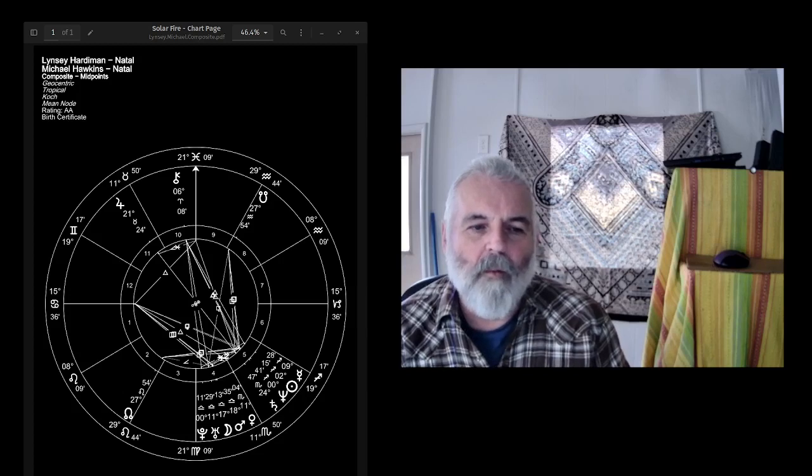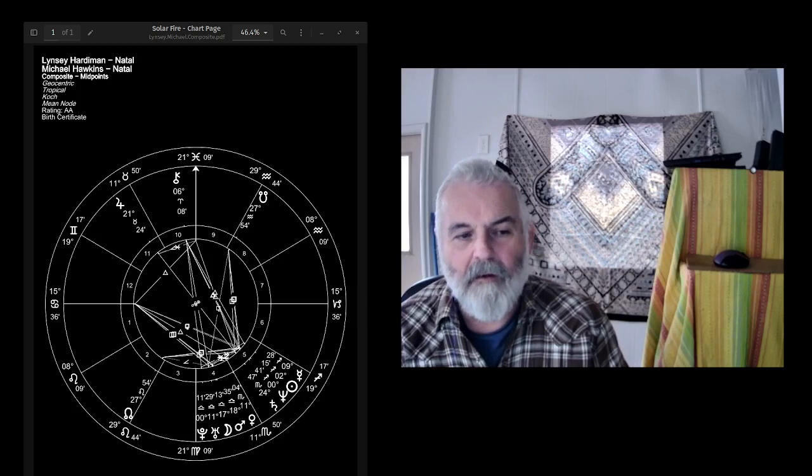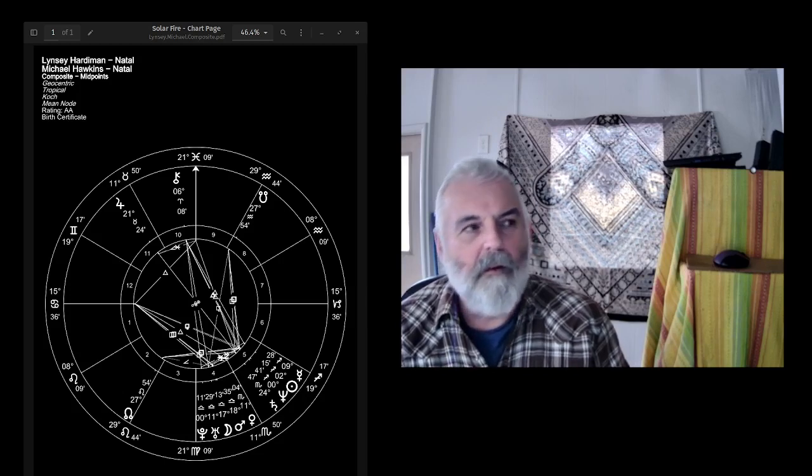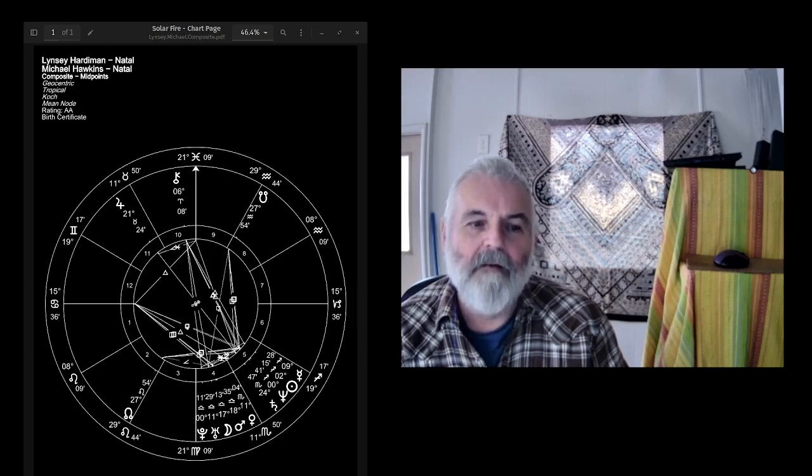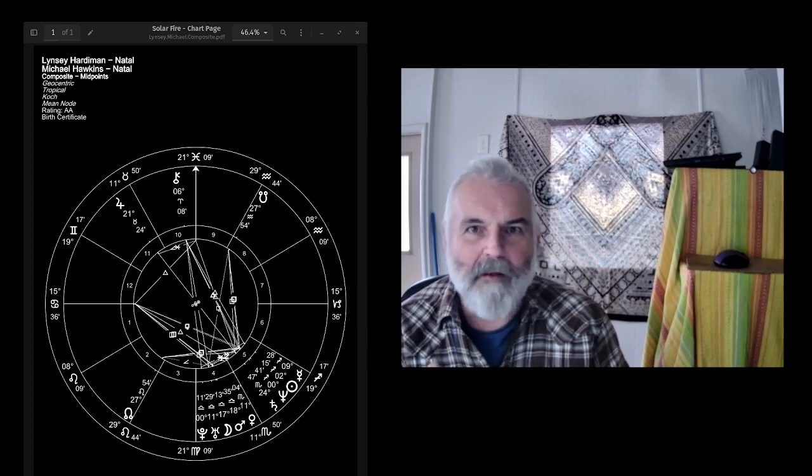Whenever you see a couple of stelliums, especially that close to each other, 4th and 5th, when I do my archetypal analysis and try to figure out what the dominant archetypes are, you end up with a whole bunch of them because Sun and Moon are surrounded by planets.